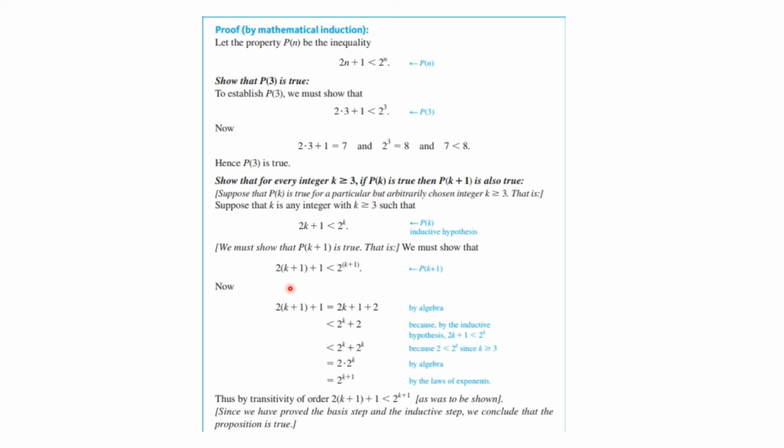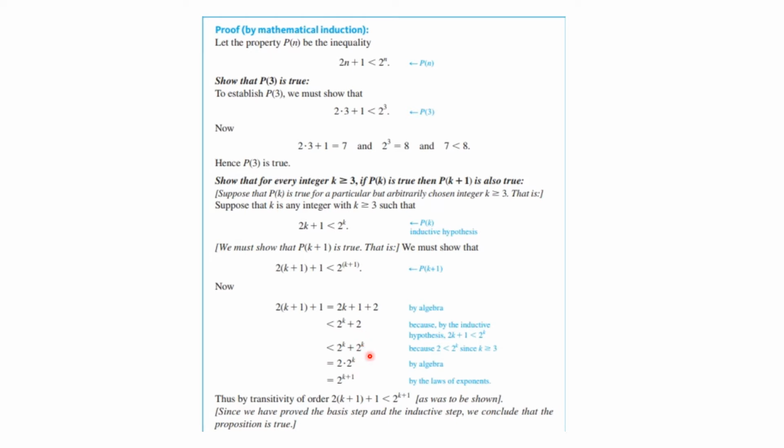Okay, so you start with this, and you distribute the 2, and so you have 2k, then you have this 1, and then you have another 2 from that one. It is organized a little bit funny. But that is just doing algebra. That's an equality. But then we're going to say that this part is less than 2 to the k by our induction hypothesis.